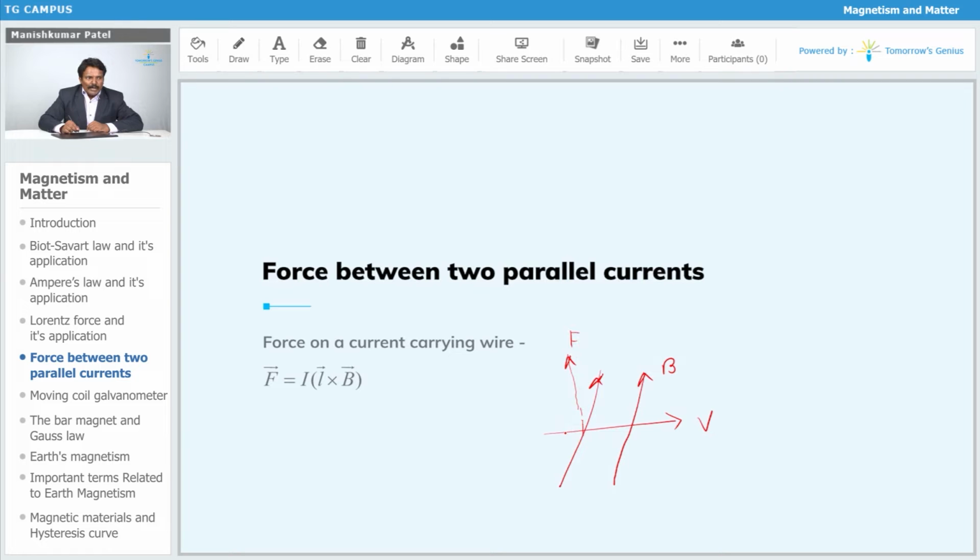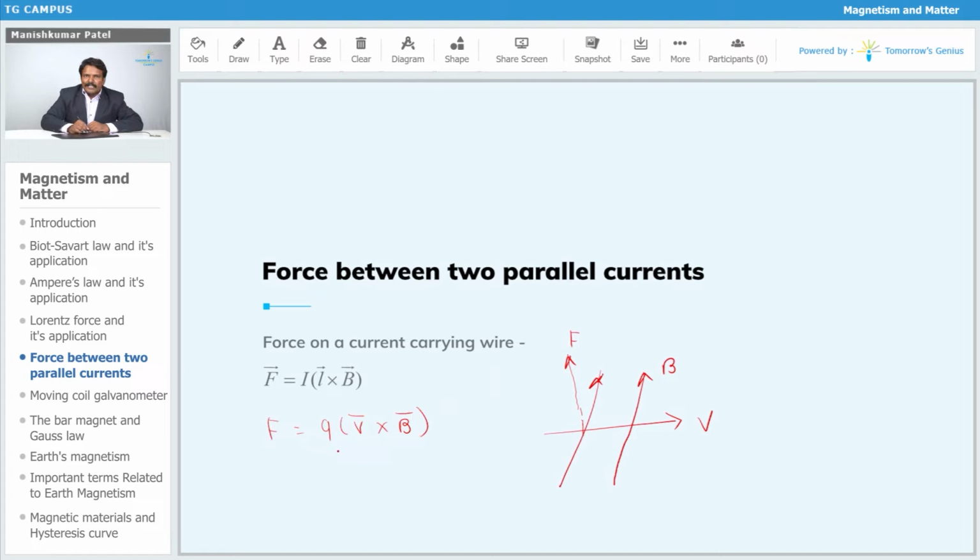Now we have to find the expression for that. The one which is given is F = I L bar cross B bar. There is one more expression for that, which you can write down: F = Q V bar cross B bar.